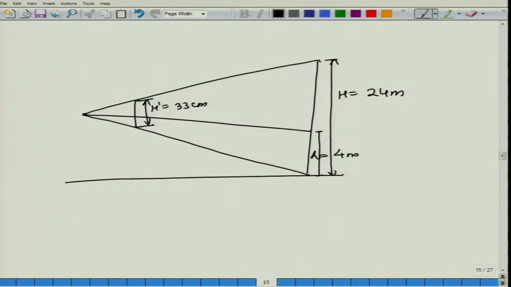So, it is not 3.6 in this case, it is 4 meters. We need to figure out this length, or small h prime is equal to question mark.